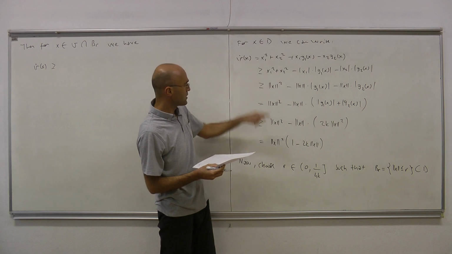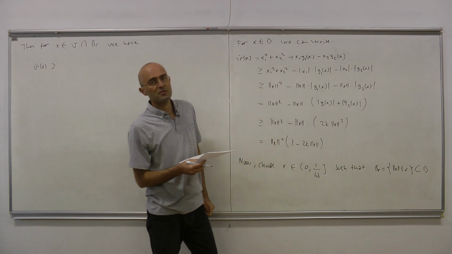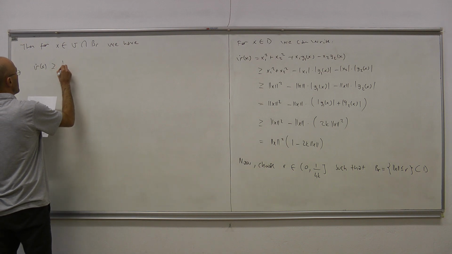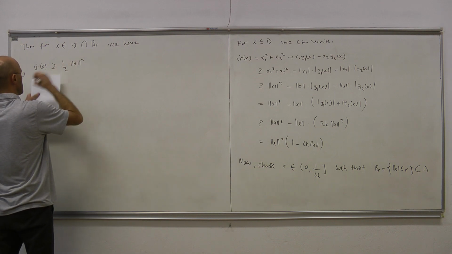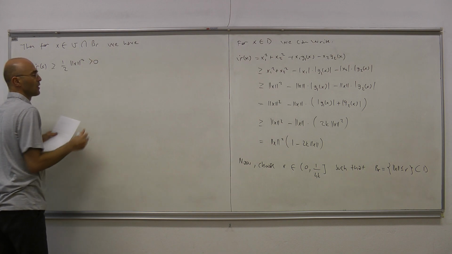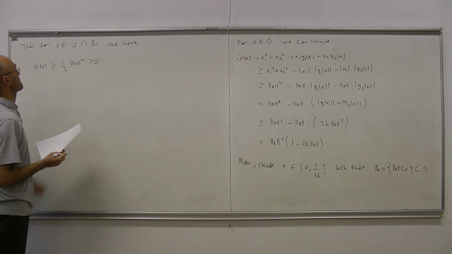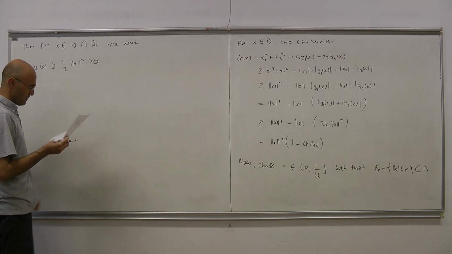Therefore, this thing is greater than 1/2 times norm squared of x. And clearly, this is positive, provided that we are in this set.